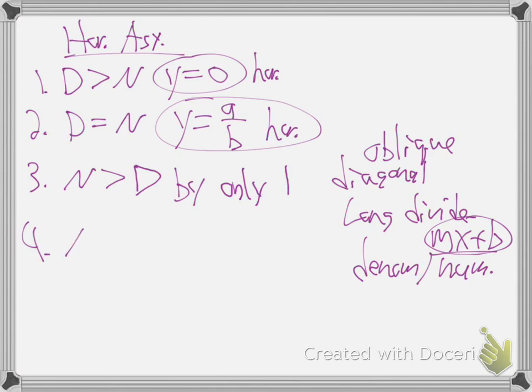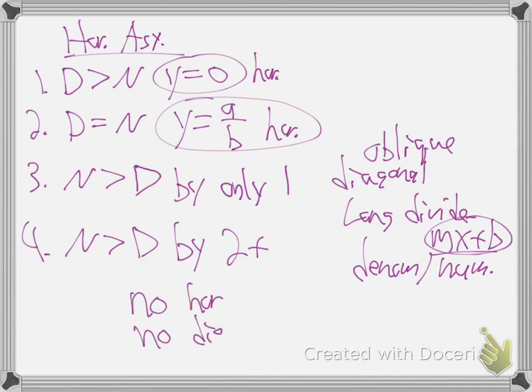And then case 4, if the numerator is greater than the denominator by 2 or more, there's no horizontal or diagonal asymptote. So those were the 4 cases for determining horizontal or diagonal asymptotes.